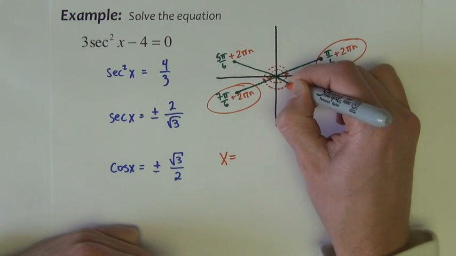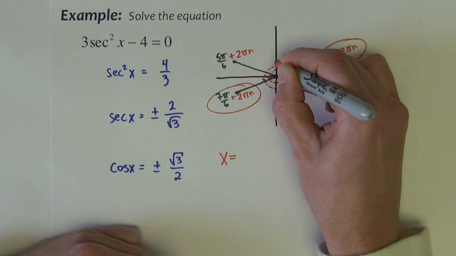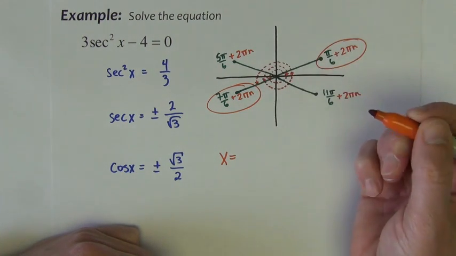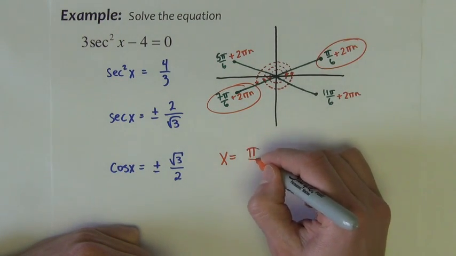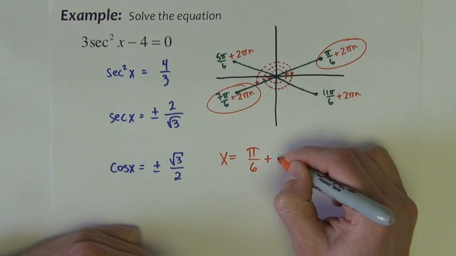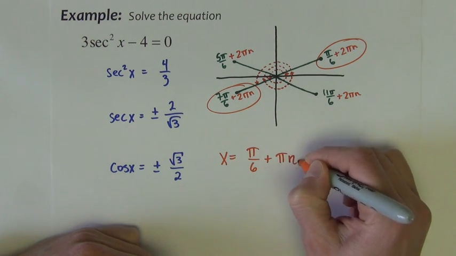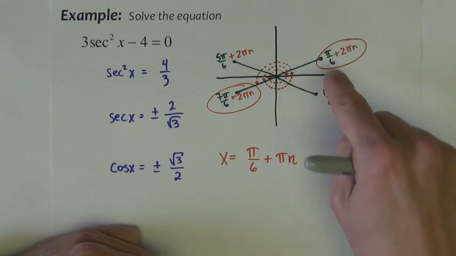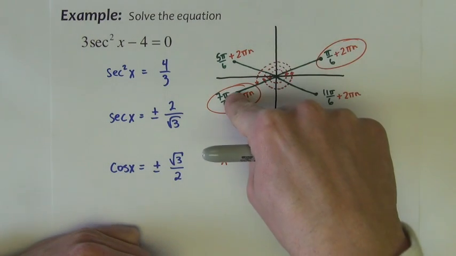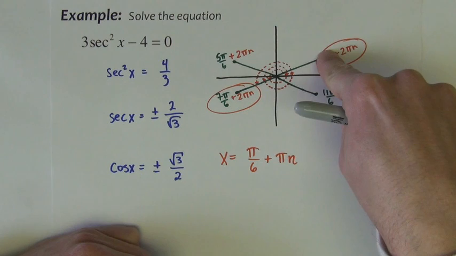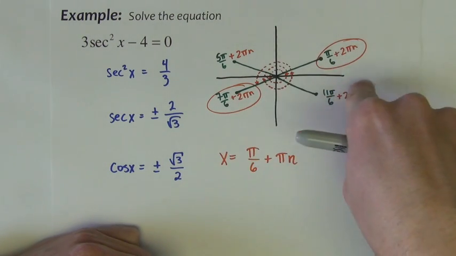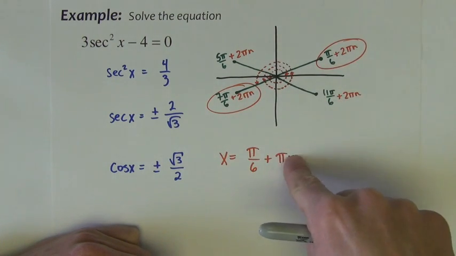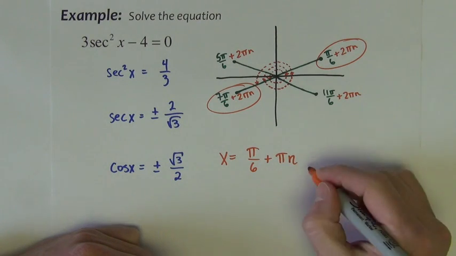If a full circle is 2 pi, we know half a circle is 1 pi. So I'm going to write it as pi over 6 plus, instead of 2 pi n, pi n. So starting at pi over 6, add pi, I'm here. Add pi, we're back. Add pi, we're back. Add pi, we're back, etc. So I'm counting by just 1 pi instead of 2 pi.